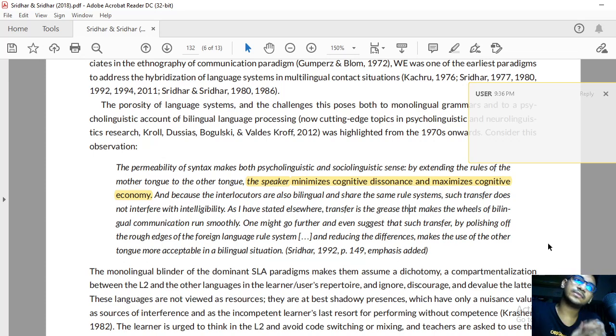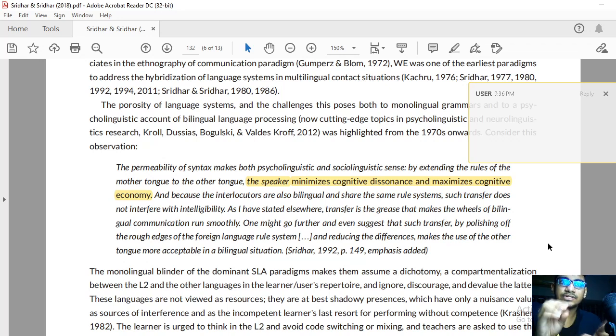It's a bit controversial, but Sridhar is saying that if you know two languages, and you're speaking with someone who also knows these same two languages, then if you only use one language, for example, if I only use English, or even if I use Bangla, there will be some words or some situations where there will be some hesitation, or some time needed to think of the target thing I was going to talk about, or there could be any type of difficulty.